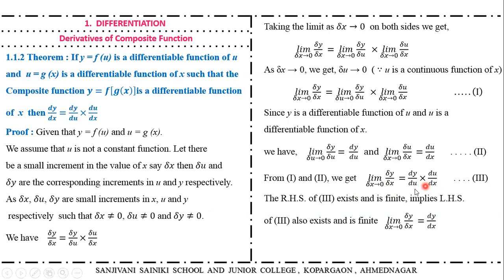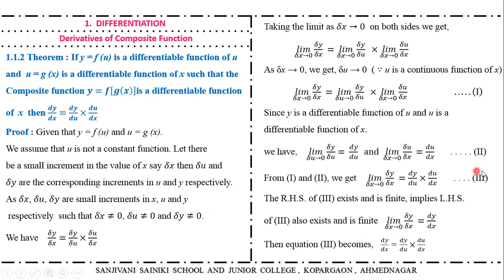Now from this equation we can say that the right hand side exists and is finite. So that implies that the left hand side must exist and also be finite. So by Leibniz notation, the limit of delta y by delta x as delta x tends to 0 must be equal to dy by dx.